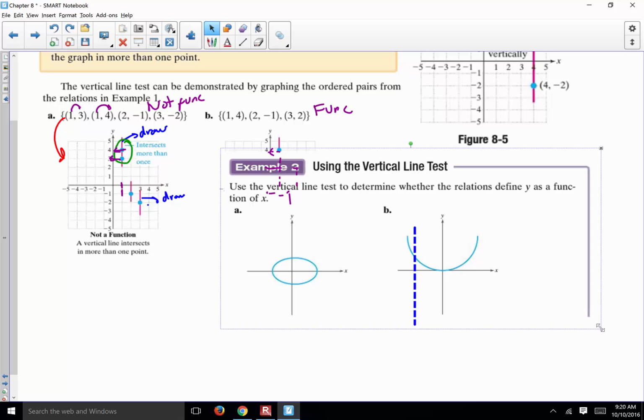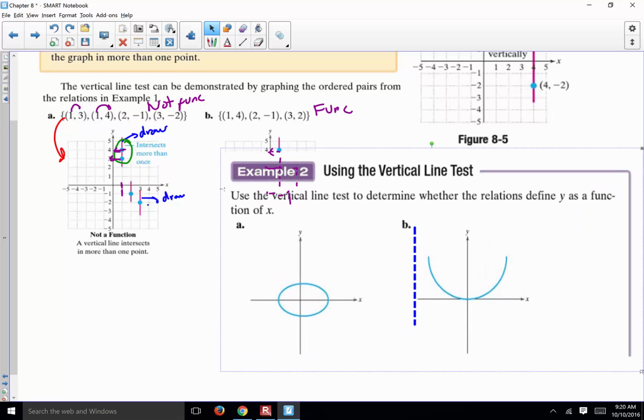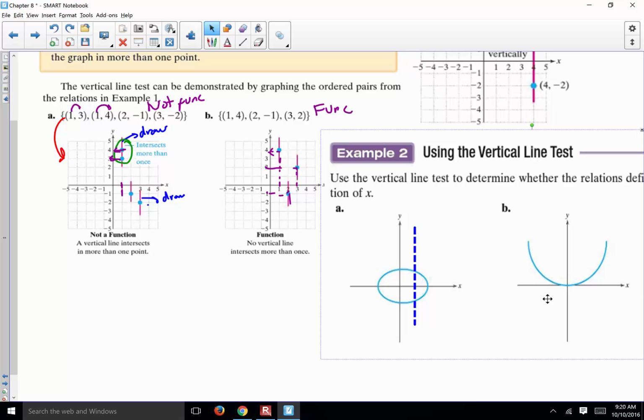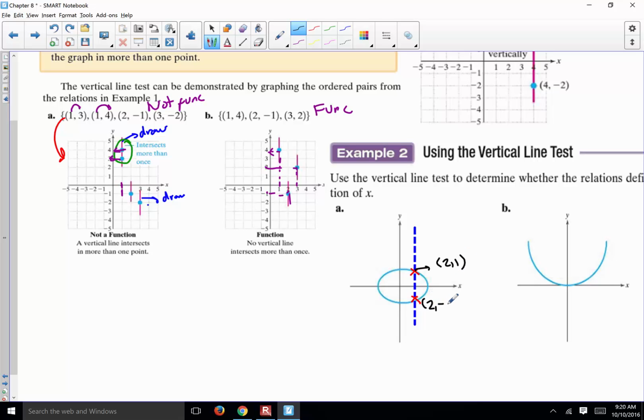What does this show? I'm crossing these 2 points. Maybe this one is like 2, 1, and this is 2, negative 1. The same x coordinate 2 going to 2 separate locations. I cross twice with a single vertical line. This is not a function.